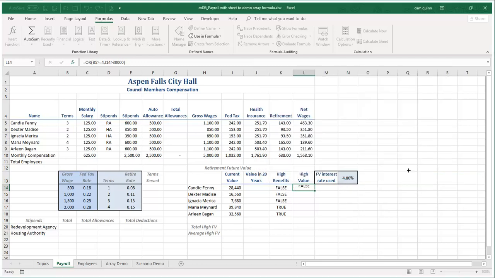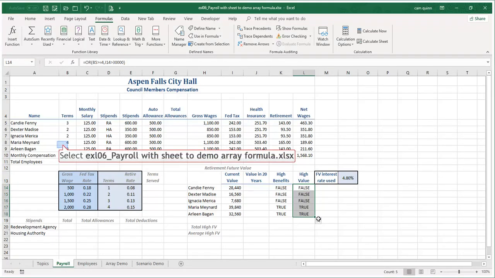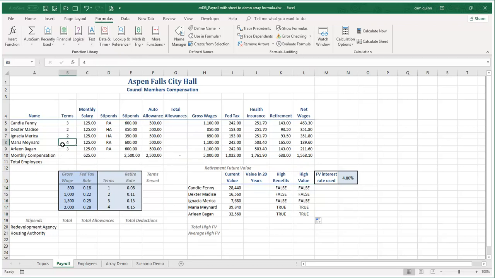If I carry that down, you can see that the only two that are true are the last two people. Maria has a term of 4, so that's true, and we don't even have to test the second one because it's true anyway. For the last one, the term is not greater than 4.